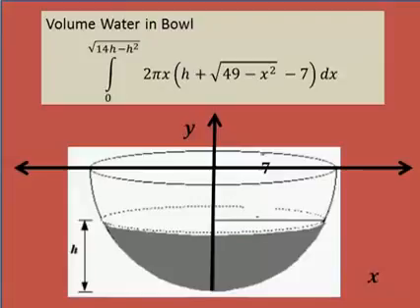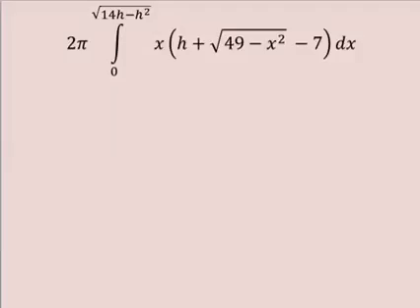Notice the bounds on x. That was where we had to find the length of that blue line. And we're finally down to finding this integral. I think one thing that makes this problem so hard is we don't know what h is. If we knew what h was, I think it would be a little simpler.